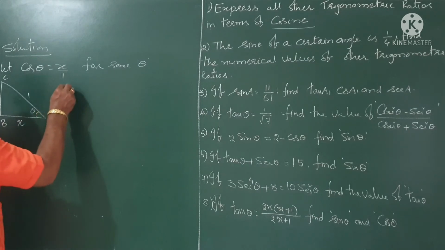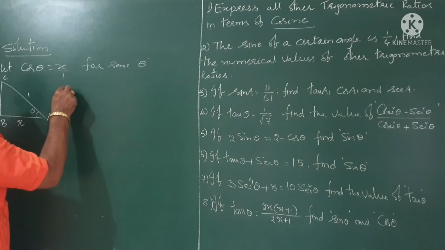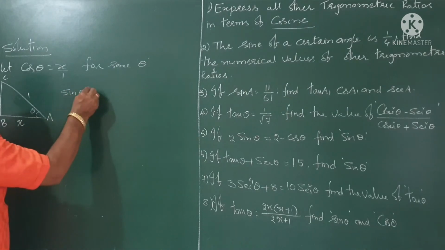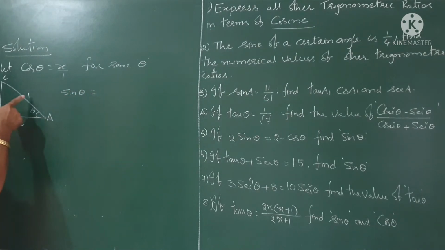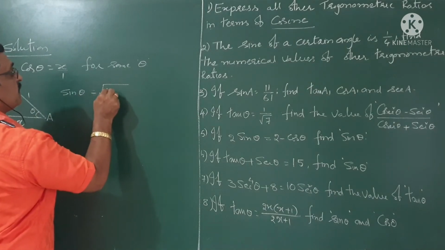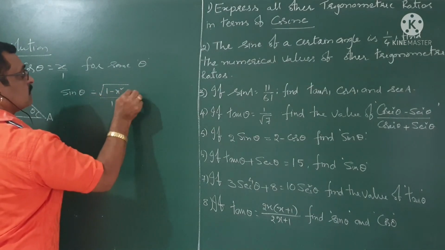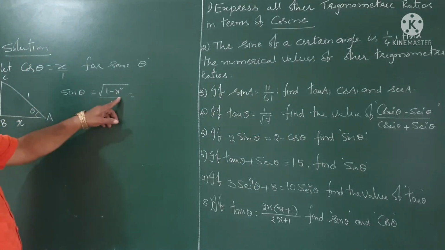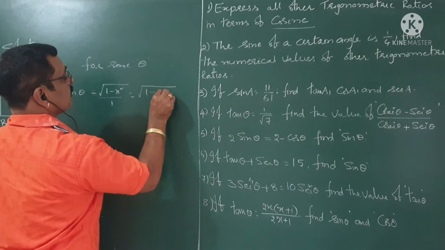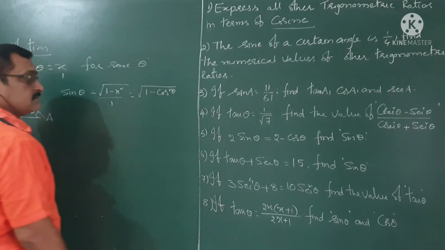So the first one is sin theta. Sin theta is opposite side by hypotenuse. So root over 1 minus x square by 1. Now simply put x is equal to cos theta. So we have root over 1 minus cos square theta.